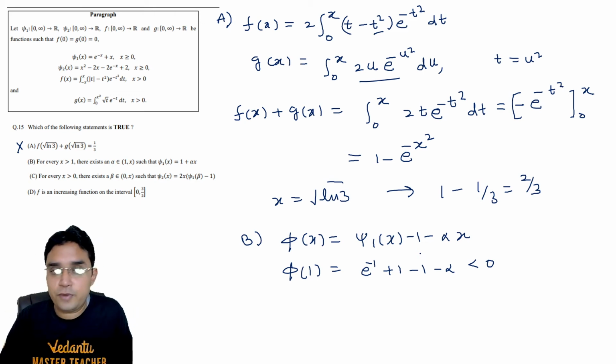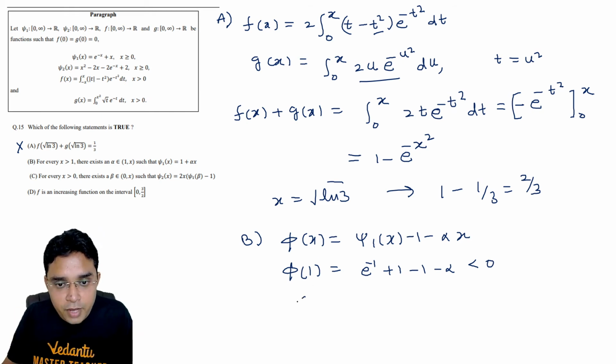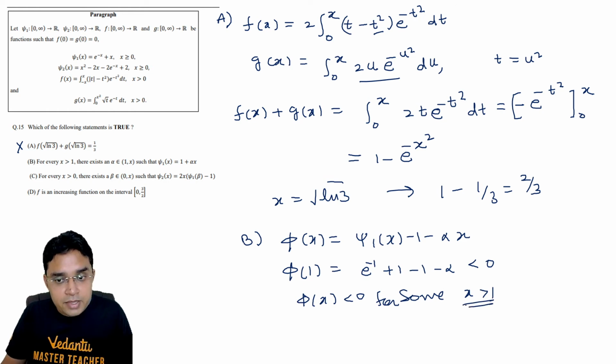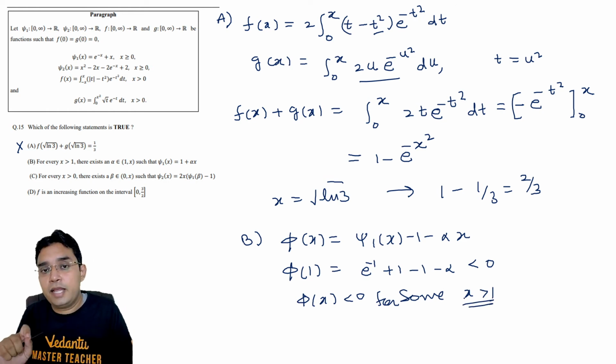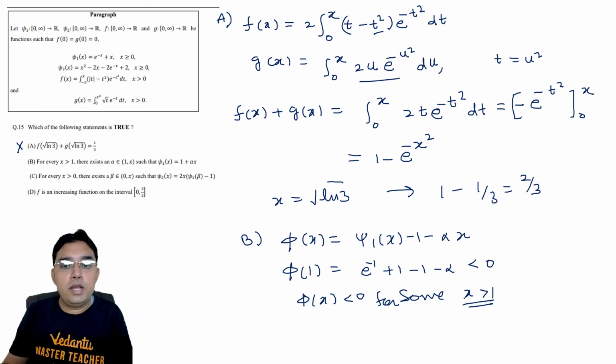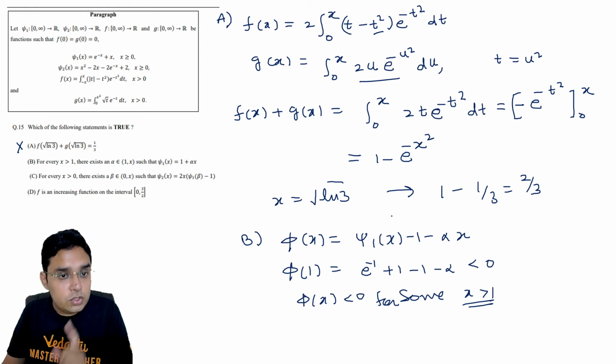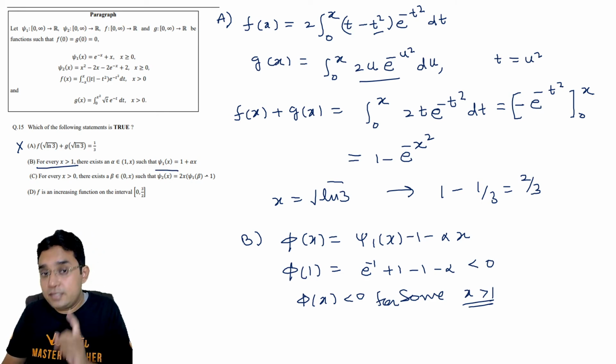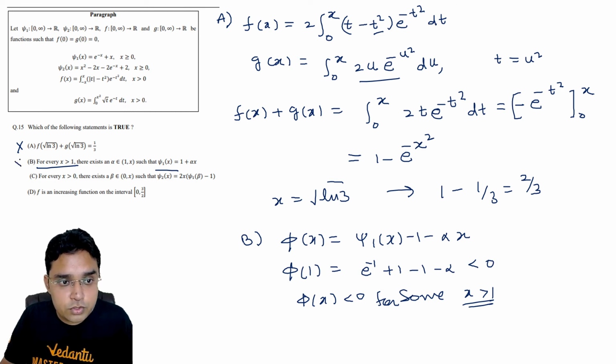We can always find some values of x greater than 1 for which phi(x) will still be negative only, and between 1 and this x, phi(x) can be negative only, so it may not be equal to 0. So that means the statement that for every x greater than 1, psi1(x) will be equal to 1 plus alpha x is wrong. So this option is also wrong here.